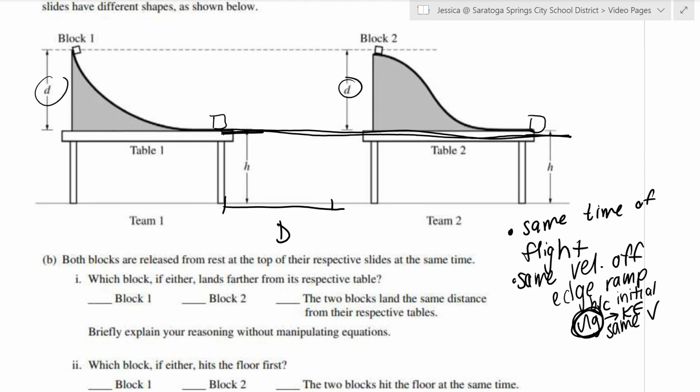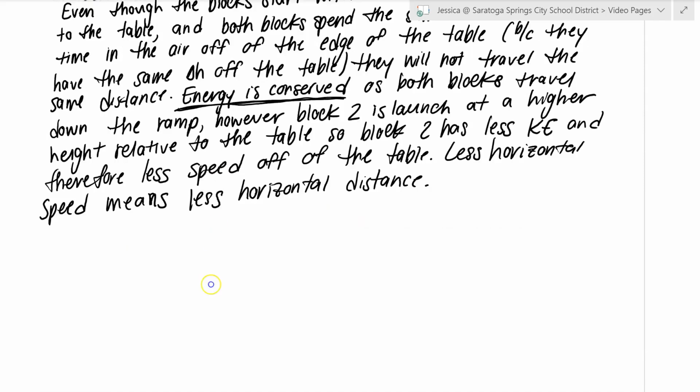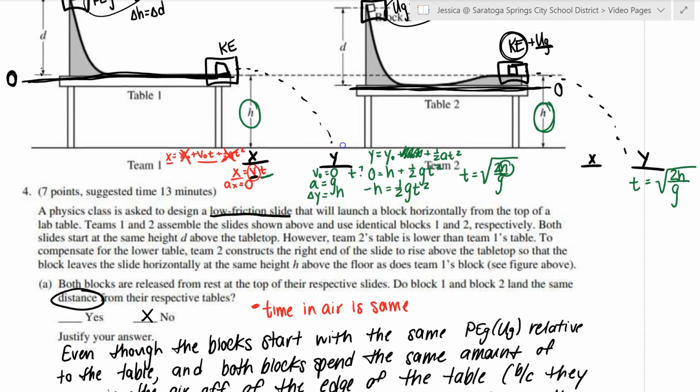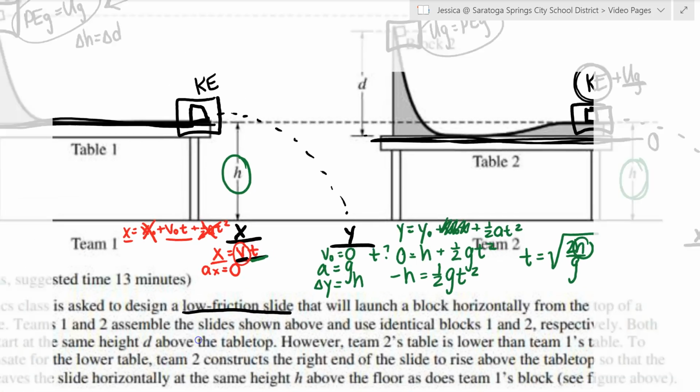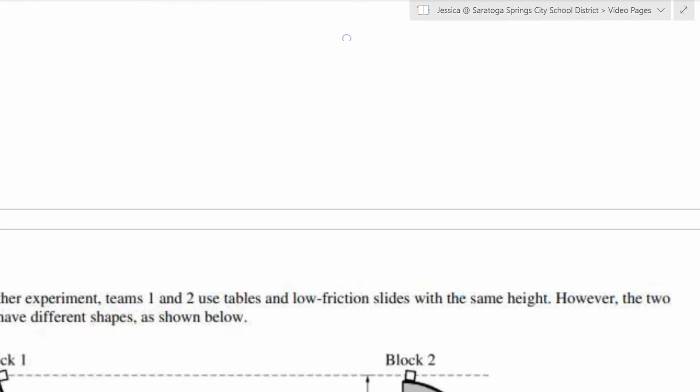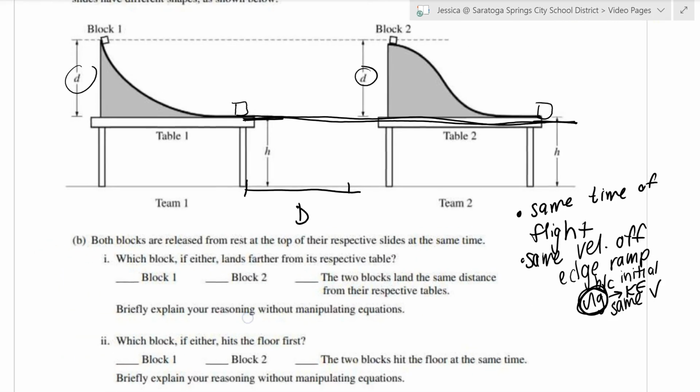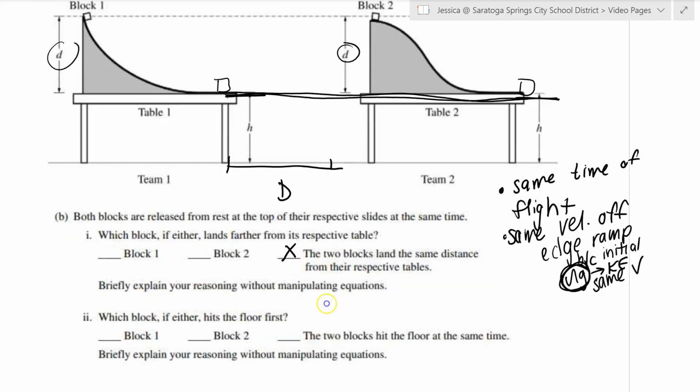Well, if I have the same time of flight and the same velocity, remember we talked about before that x direction distance is dependent on the initial horizontal velocity and the time of flight. So if both of those things are the same, then that x position is going to be the same for both blocks. So the two blocks land the same distance from their respective tables.